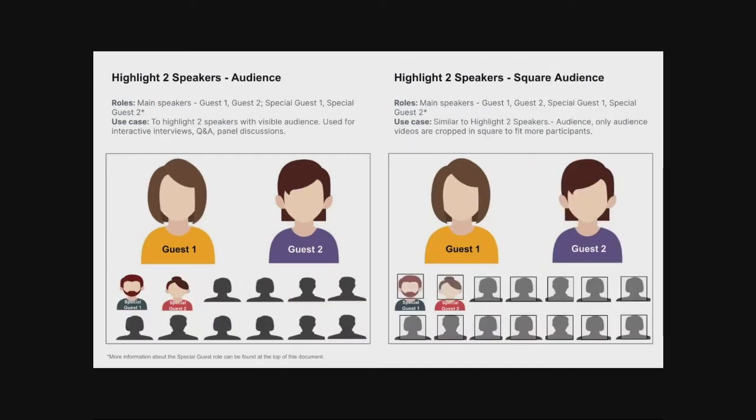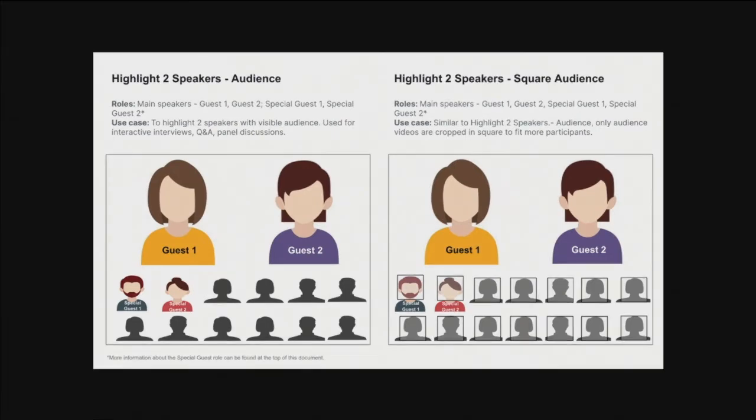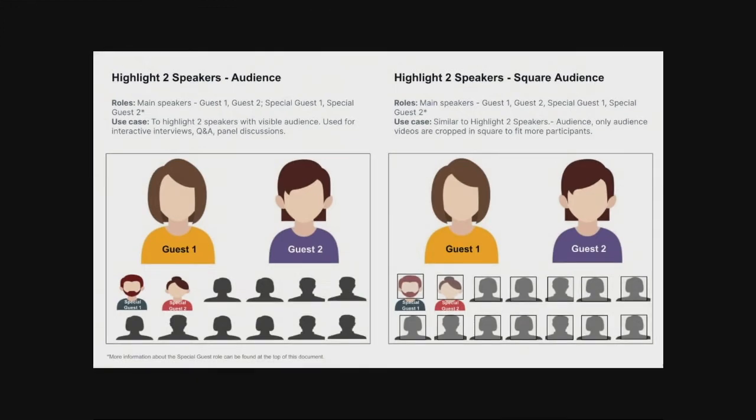You can have audience present if you want to see the audience reaction. If you're having a Q&A session, which we will later, we probably will be using this format. Again, it also has special guest 1 and special guest 2, which can be your hosts or facilitators. The difference between audience and square audience is that with square audience, you can actually fit more audience in the space, because it restricts the size of the panel.